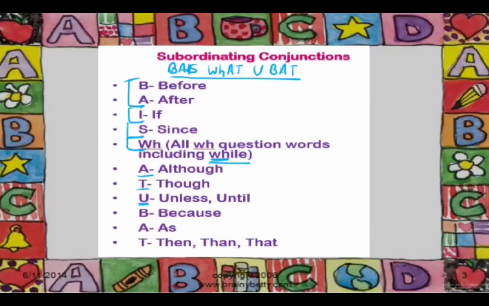U has unless and until, B has because, A has as, and T has then, than, and that. So any sentence in the comparative degree will be a complex sentence, as it will have the subordinating conjunction than. Okay.